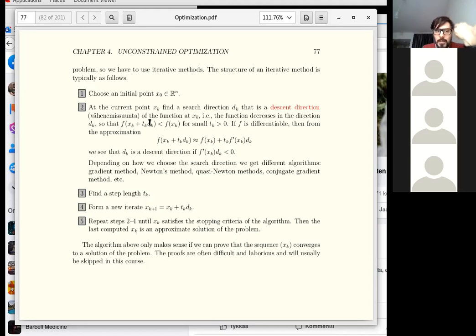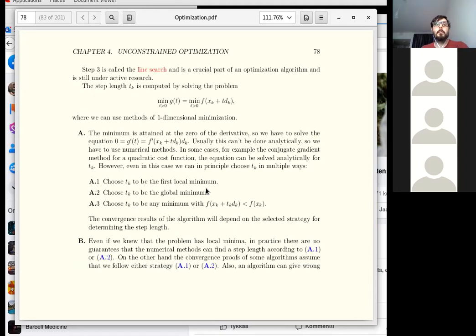Then the thing to determine, number 3, finding the step length, is how far should we go in that direction? That means that we transform this minimization of a possibly vector valued problem into a problem of one variable. We already know the direction. It's only about the magnitude of how far to go in that direction.